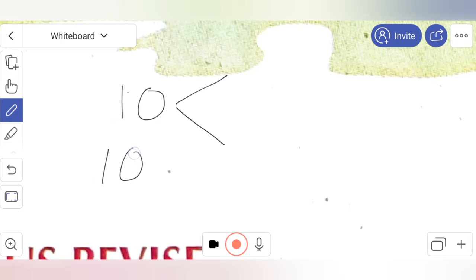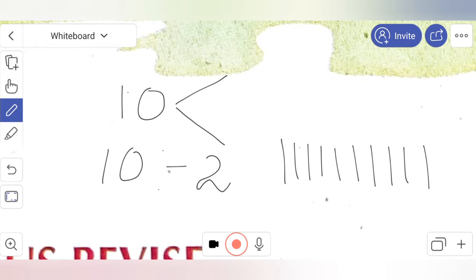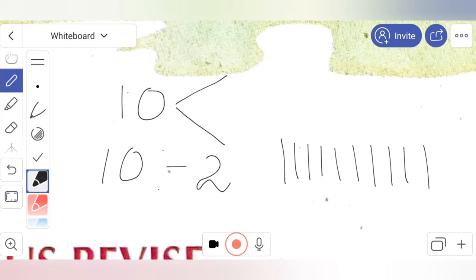So what does it mean? It will be 10 divided by 2. Now this 10 rupees, let's make into 10 sticks: 1 2 3 4 5 6 7 8 9 10 sticks. Now from among them, we will divide equally into 2, right?